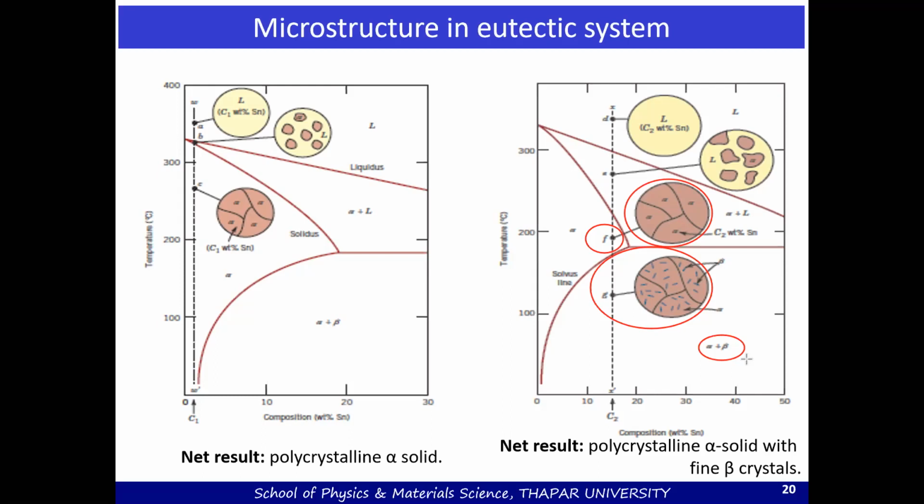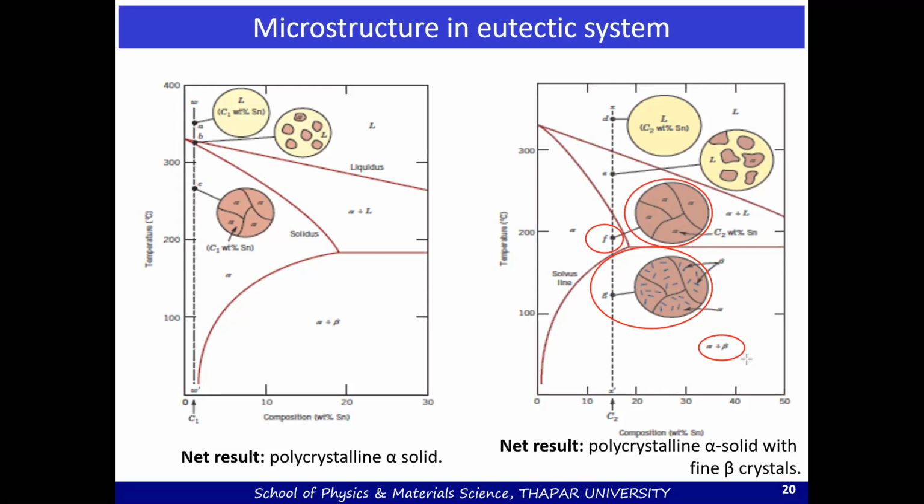So those blue color lines are the ones where the concentration of Sn has gone up and it has converted into the beta phase. But remember, the overall fraction of the beta present will be very, very small.